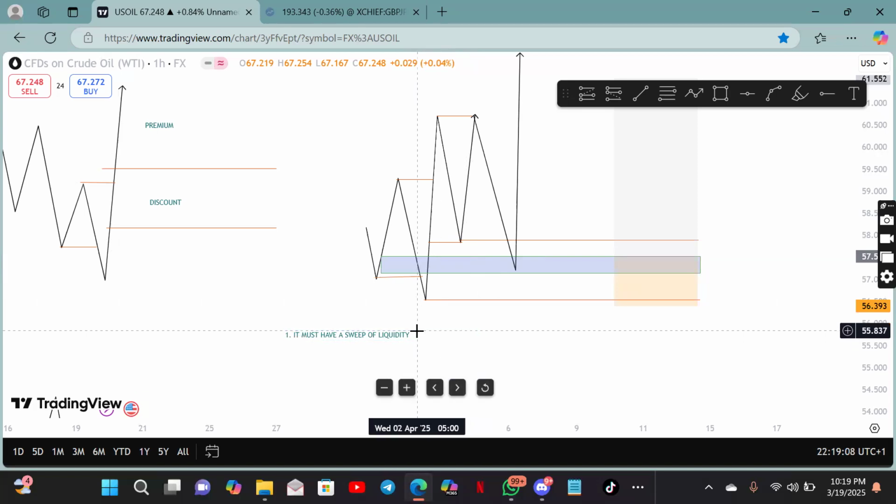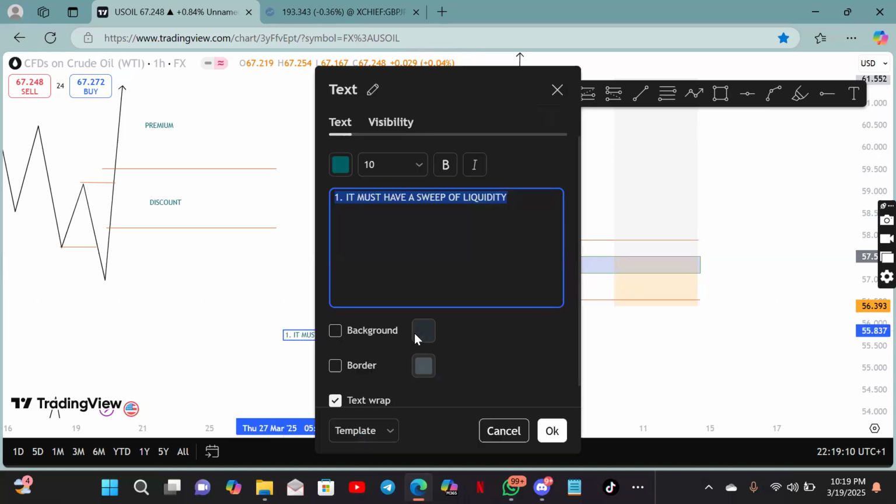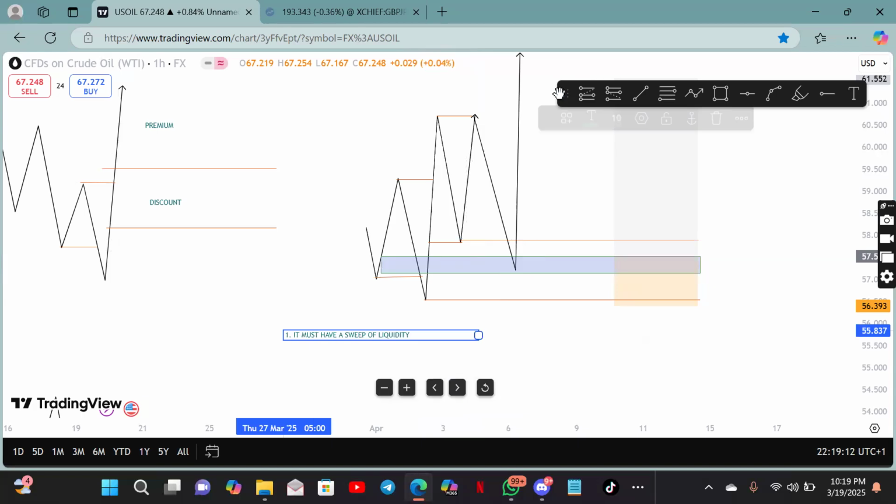So, like I said, the first thing you need to understand is it must have a sweep of liquidity. The second one, there must be an inducement, IDM, or structural liquidity that you already know.